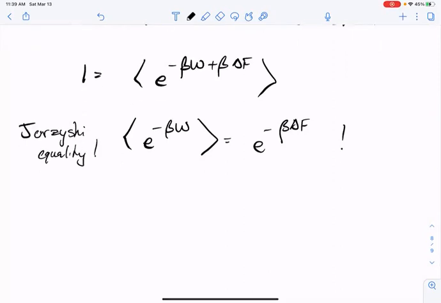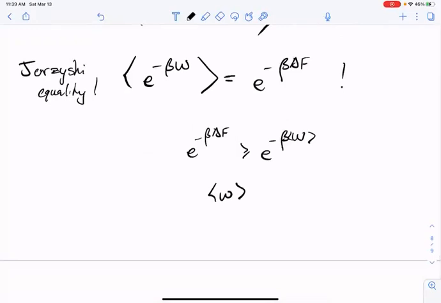It implies the Clausius statement of the second law, again, from Jensen's inequality. This says that e to the minus beta delta u is greater than or equal to e to the minus beta work on average, or that the work on average is greater than or equal to the free energy difference.